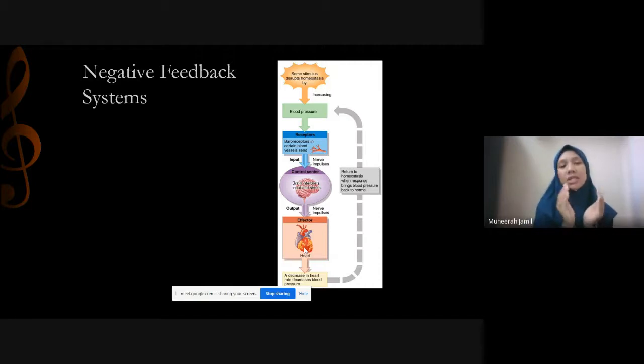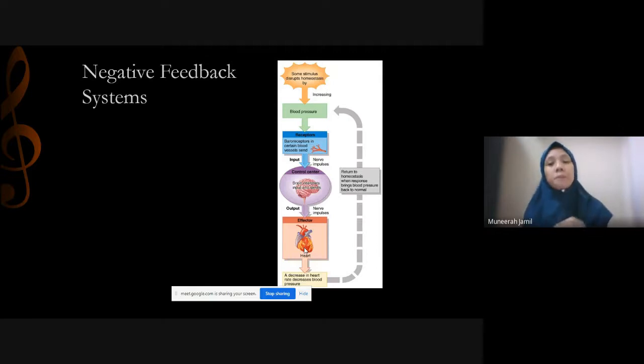So when the heart is pumping very fast and very strong, that actually results in a large amount of cardiac output, a large volume of blood that comes out from the heart itself. So bila volume of blood tu banyak yang keluar daripada jantung, dia akan masuk ke blood vessels. That will actually give more pressure to the blood vessels.